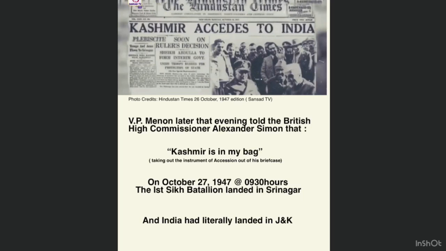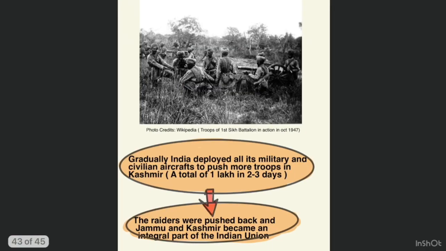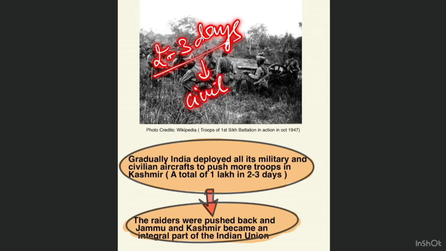And on the next morning, 27th October 1947, 9:30 hours, the first Sikh battalion landed in Srinagar, and it was like India had literally landed in the erstwhile princely state of Jammu and Kashmir. Over the next 2 to 3 days, the Indian government used all its civilian as well as military aircraft.